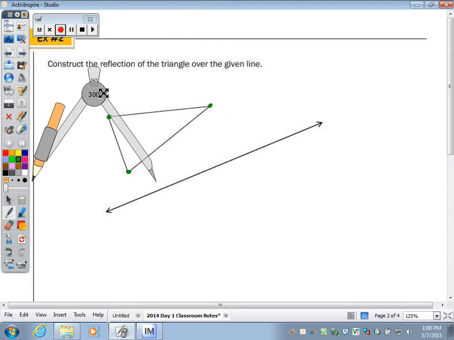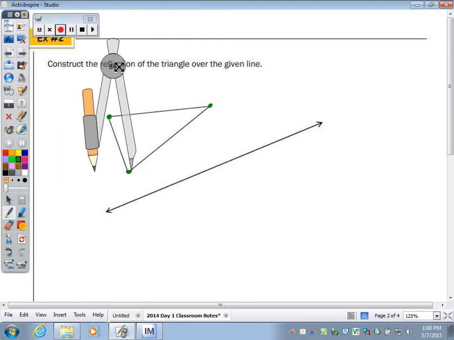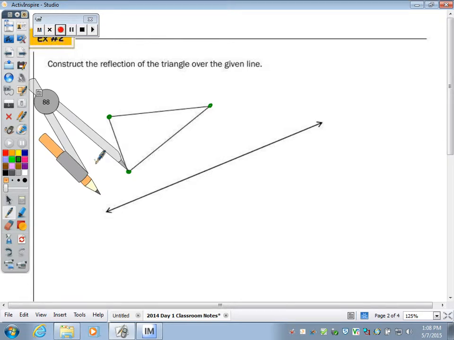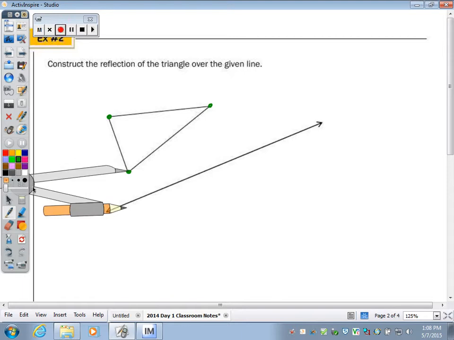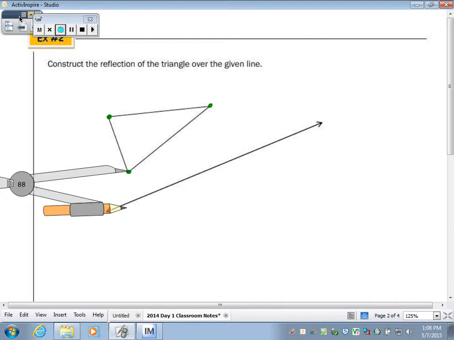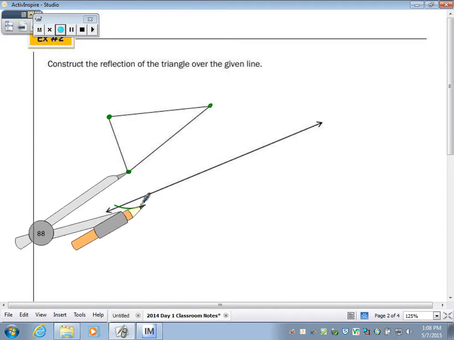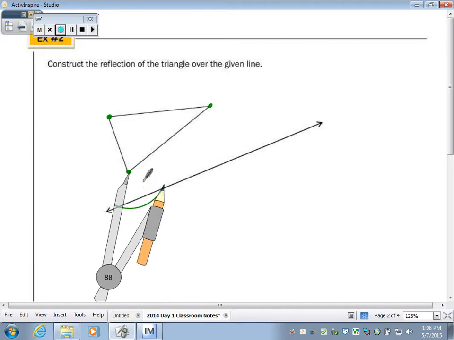So in taking the tool, to not make as many arcs, I'm going to show you how to make this a little bit easier. The first thing you want to do again is make an arc that intersects the line of reflection twice.